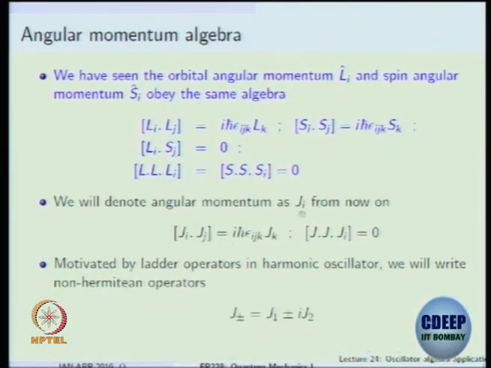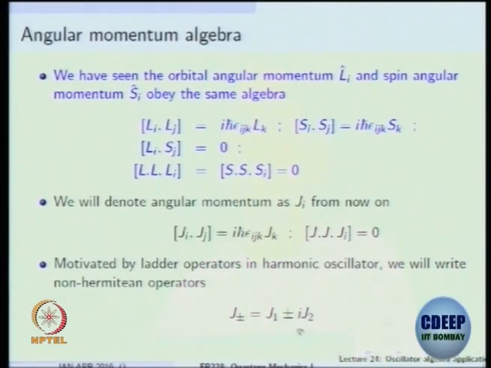So, motivated by the harmonic oscillator ladder operators, let us write J plus as J1 plus iJ2. I am using 1, 2 and 3 as x, y and z. Okay. And J minus as J1 minus iJ2. These angular momentum operators J plus and J minus look similar to the way we wrote non-Hermitian operators in the oscillator algebra.